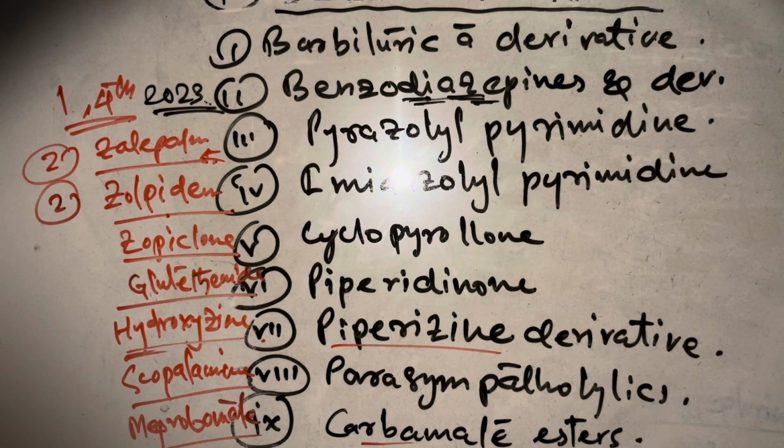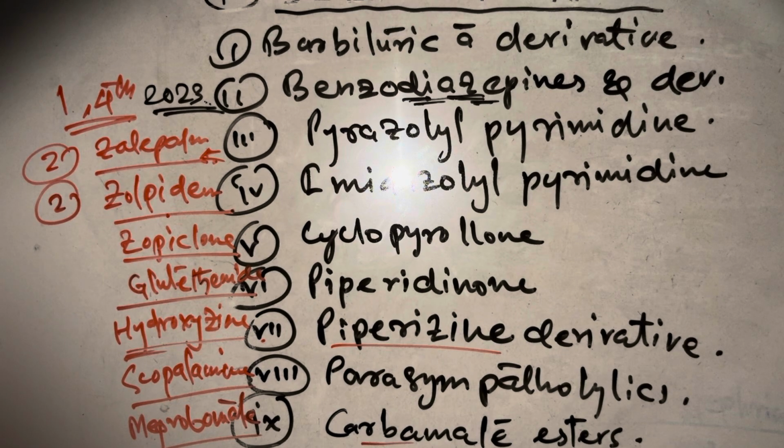Next, class 10 will be chloral derivative, and the example will be chloral hydrate. Next, class 11 is miscellaneous, and the example will be disulfiram.